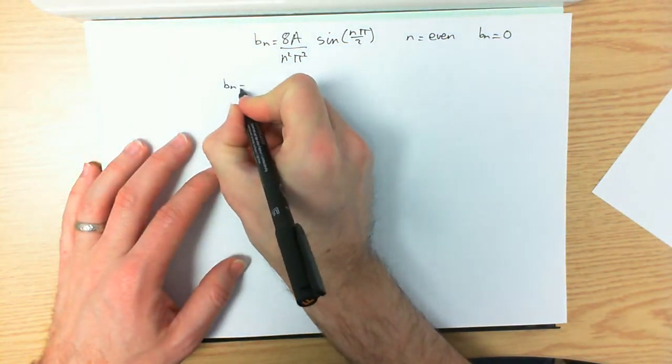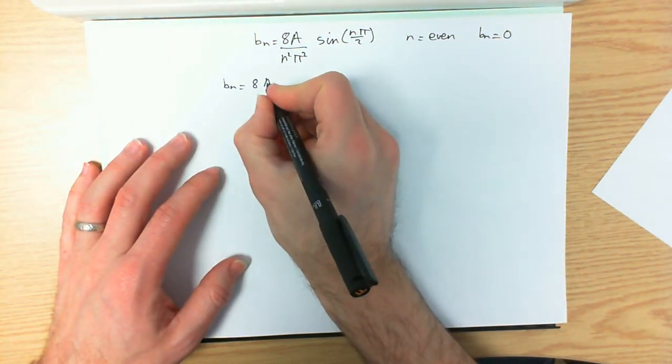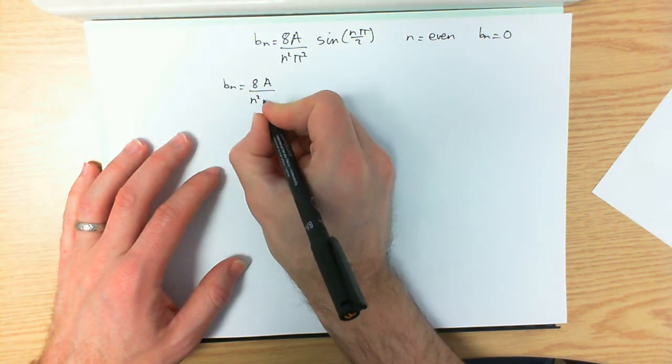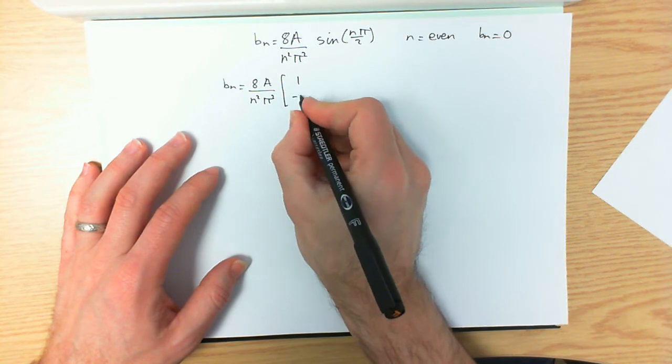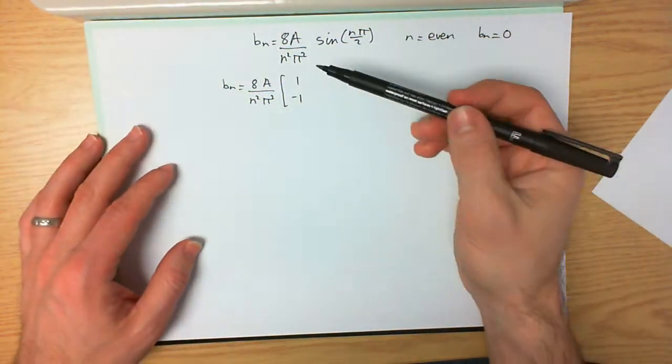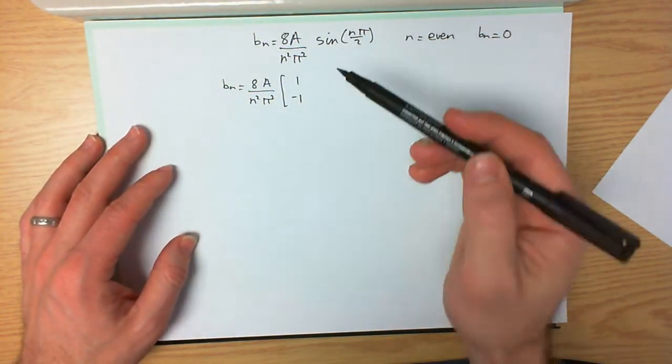So B of n is equal to 8a over n squared pi squared, and it's either going to be a plus 1 or a minus 1. Sine's either going to be plus 1 or minus 1 for all odd values.